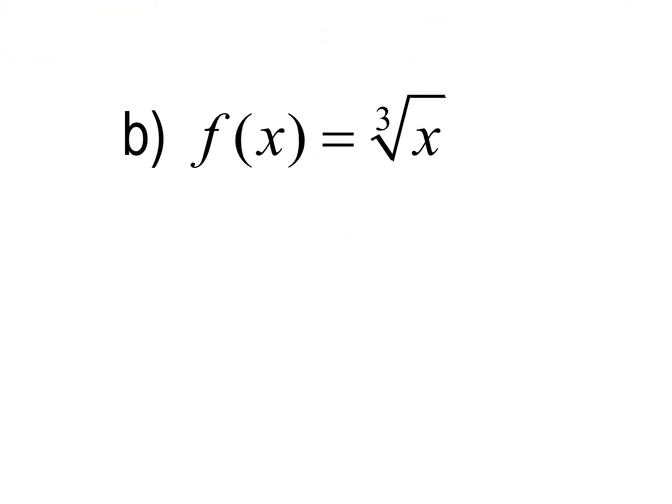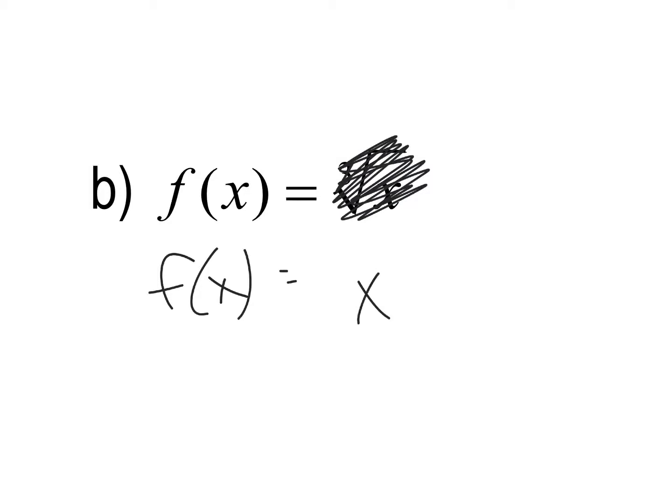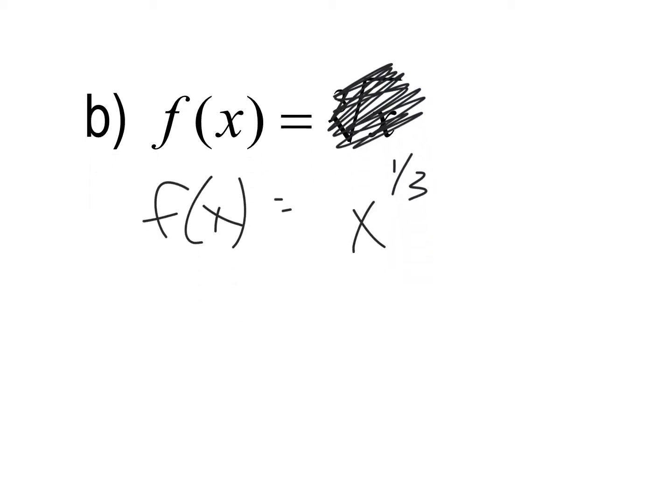Let's try some more. Here's a trick for you. I would like to rewrite this radical instead as x to the 1/3. Remember how fraction exponents mean radicals? Now I can use my power rule, the exponent rule, to figure out what the derivative is.